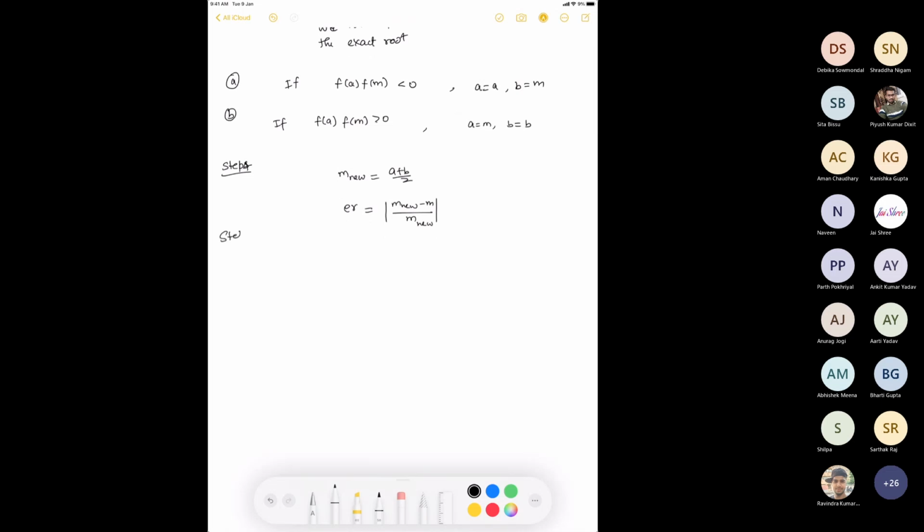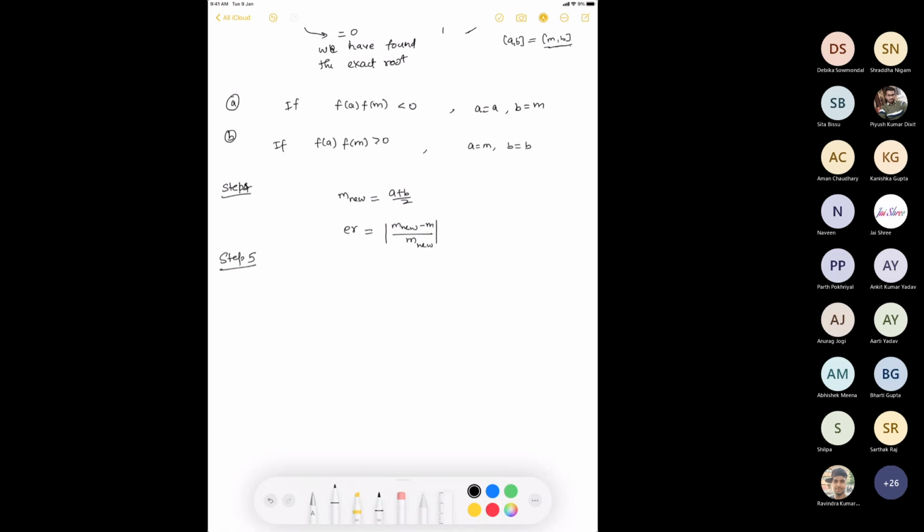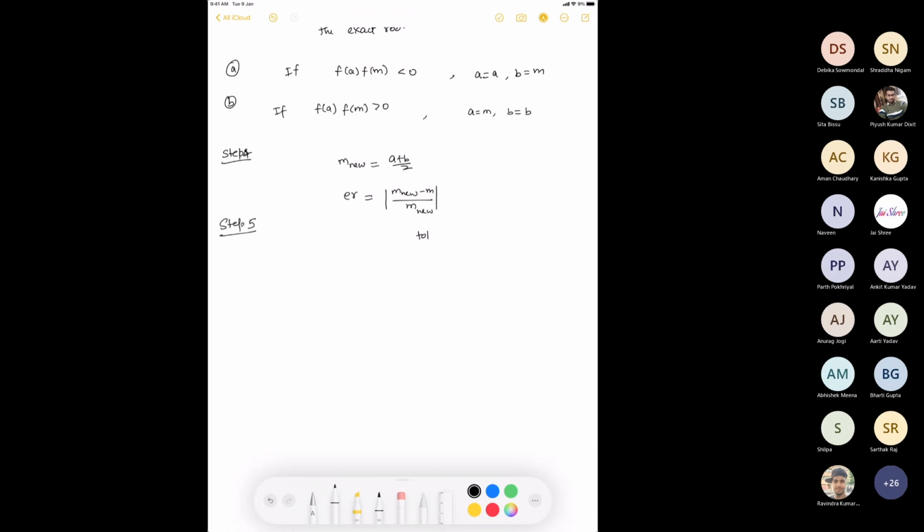So in the next step, what we will do? Just imagine that you're going to run this algorithm. So you have to stop it somewhere, right? So I'm going to set some tolerance, say epsilon, or I'm just simply going to call it TOL as a tolerance.